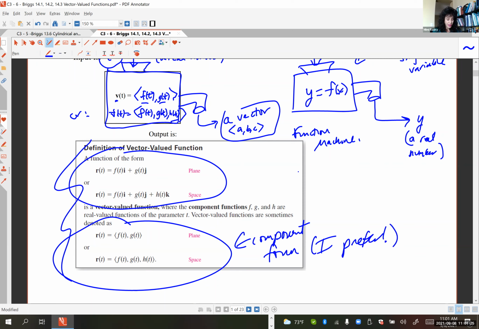However, the physics folks tend to like the i, j, and k format when they're representing their vector valued functions. Okay, and we'll do both in this course, just like we do both for vectors with scalar components.